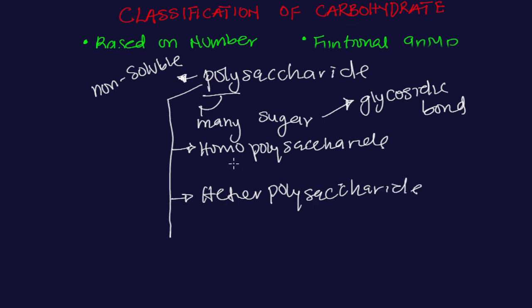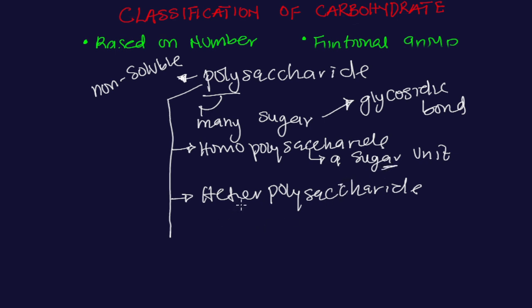So whenever you're talking about homopolysaccharide, it simply means it contains a sugar unit or two. That is, whenever you hydrolyze homopolysaccharide, you are going to have just a single sugar or two.